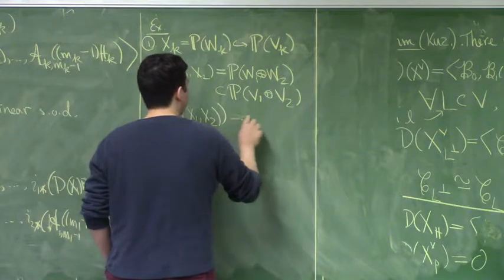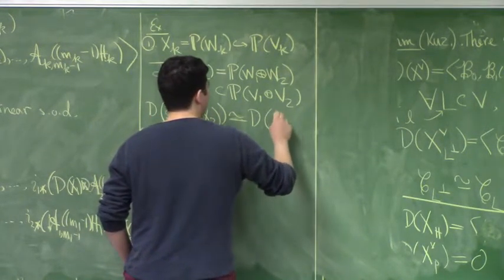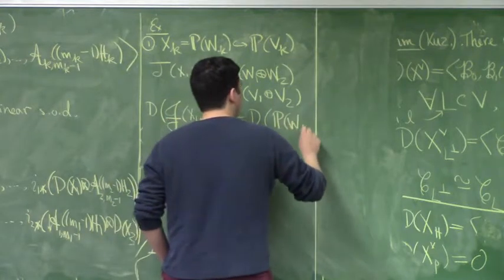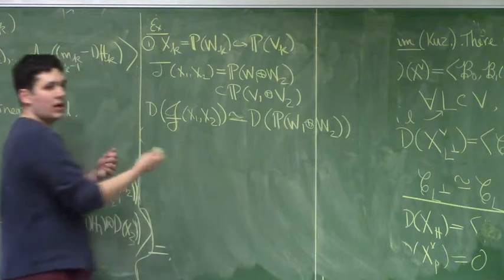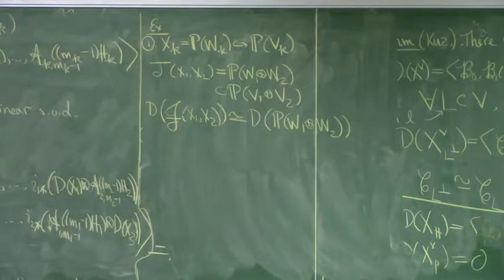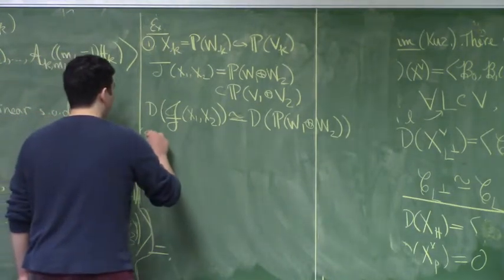In other words, there's an equivalence between this category I just defined and the derived category of P(W1 plus W2). It's not completely obvious, but you can check that this is true using the definition I just gave you. So this is the first example.